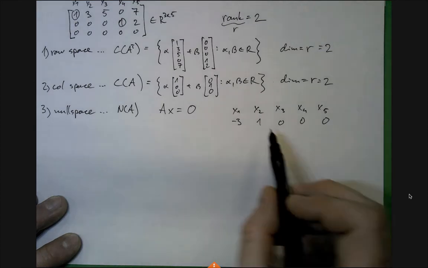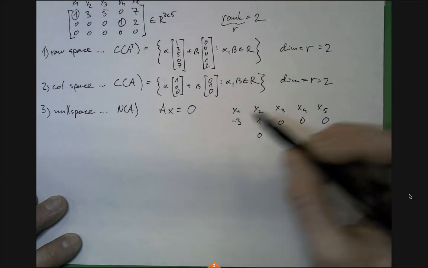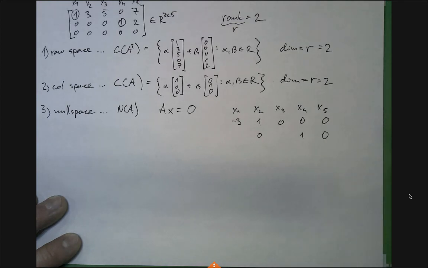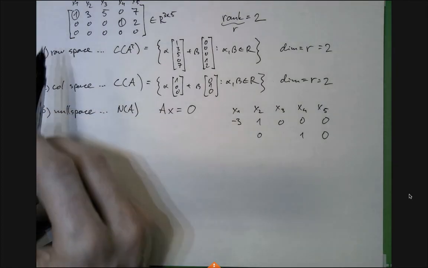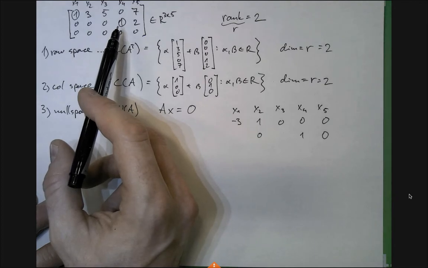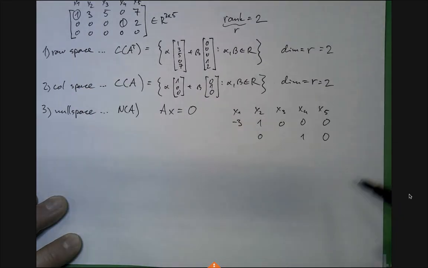Okay, let's do the other one. So for the free variables, I pick 0, 1, 0. Okay. So let's see, what does it mean for the last equation? Oh, sorry, I did it wrong.